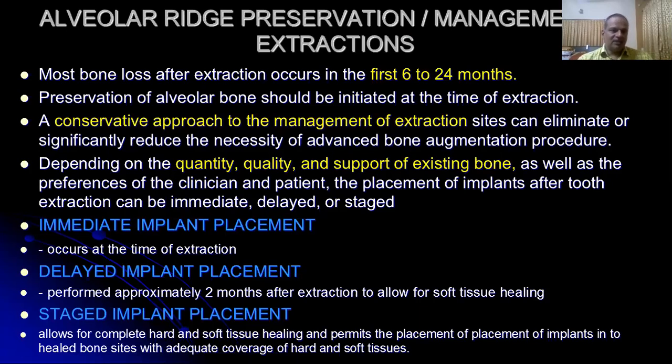So, the advantages of immediate implant placement: it occurs at the time of extraction. Immediately after extraction, if the socket walls are intact, the immediate implant placement is done. The advantages of immediate implant placement are that it helps in the preservation of the extraction socket, and it reduces the treatment time.